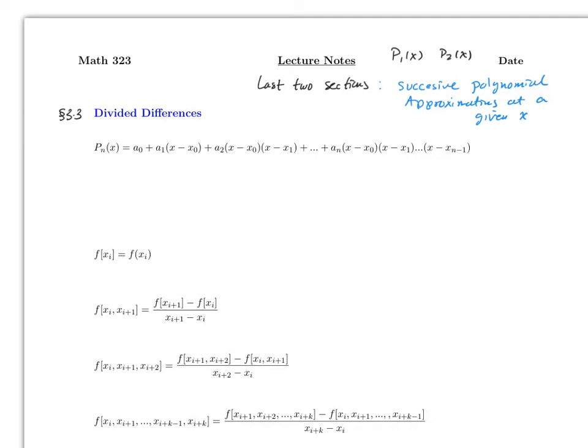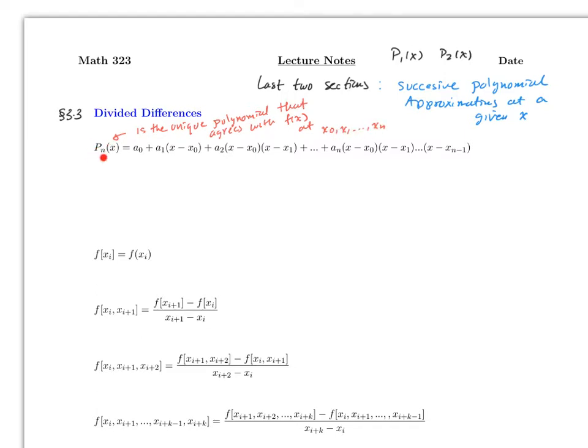Remember from the last two sections that Pn of x is the unique polynomial that agrees with f of x at the points x0, x1, all the way to xn, where these are distinct numbers.